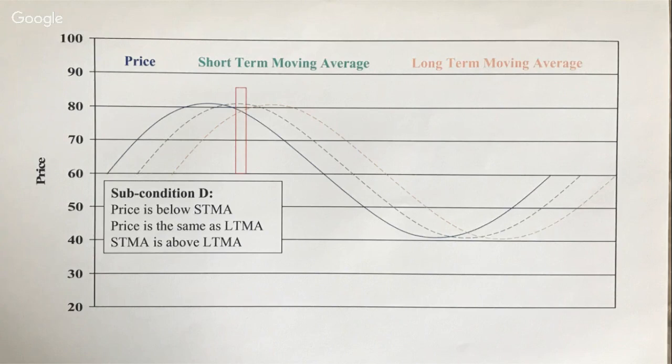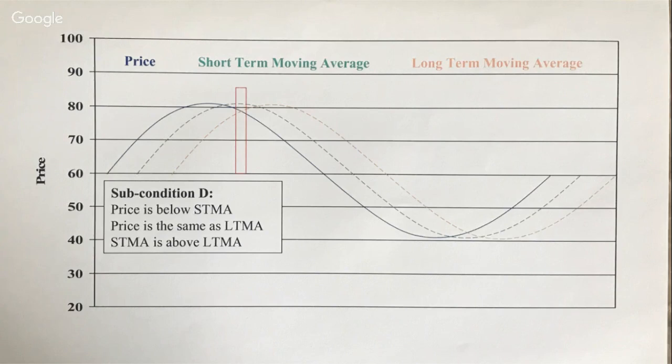Remember what I said, the key is the long-term moving average because it's longer in periodicity than the shorter one. And it's still going up. So depending if you're a day trader, if you are an intermediate term trader, or if you're a long-term trader, you will use these various subconditions to make decisions.